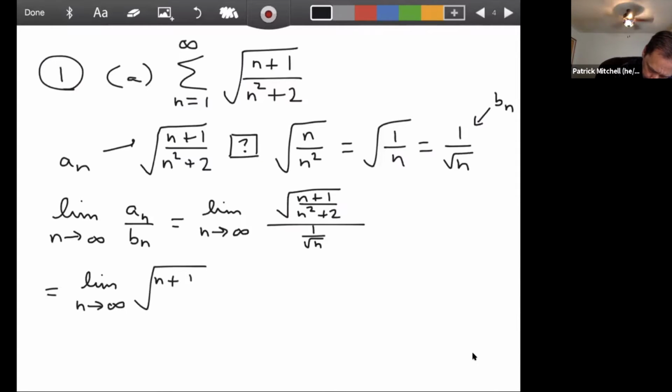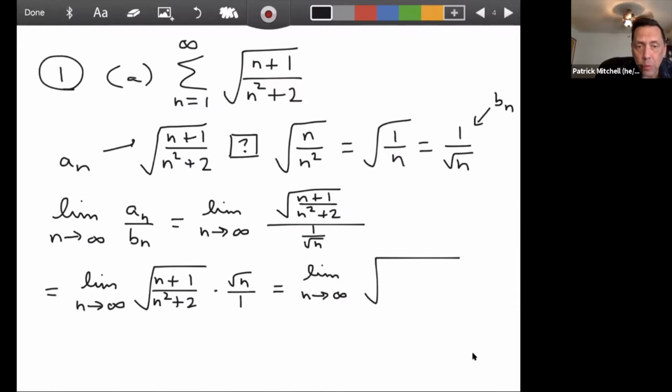So that'll give me the limit of the square root of n plus 1 over n squared plus 2 times the square root of n over 1. So now if I multiply those together, because those numerators are both under square roots, that means I can multiply the radicands together. n times n plus 1 is n squared plus n, isn't it?